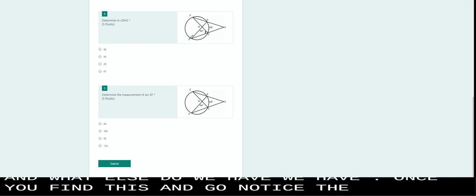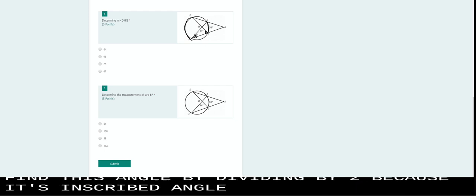And what else do we have? Once you find this angle, notice the shape that you have is a triangle. Once you have this angle, you can find this arc, the intersected arc of that angle, by multiplying by 2. Notice you have that this arc here is 58. That means you could find this angle by dividing by 2 because it's an inscribed angle, okay?